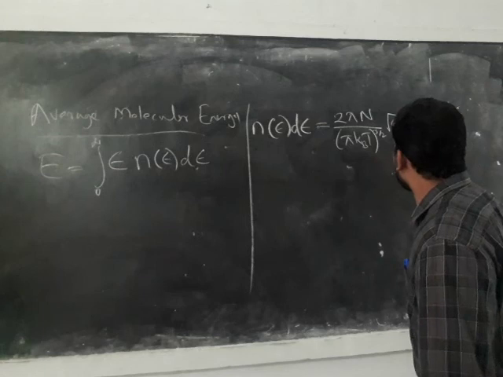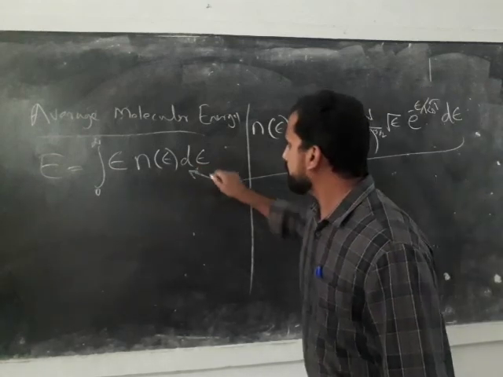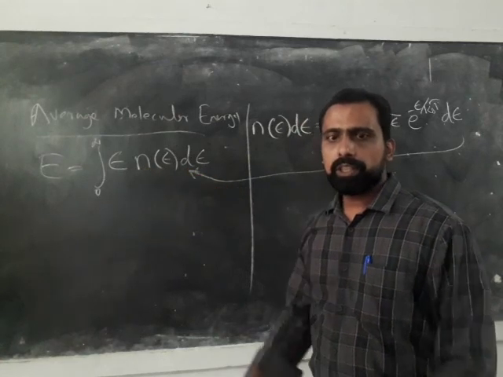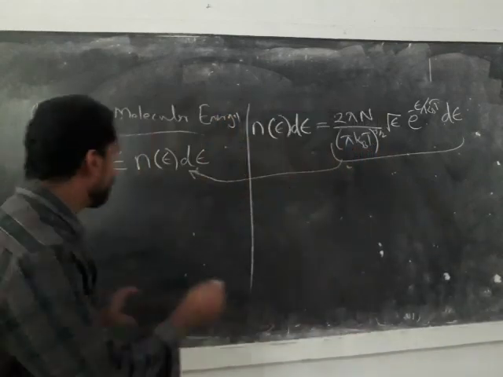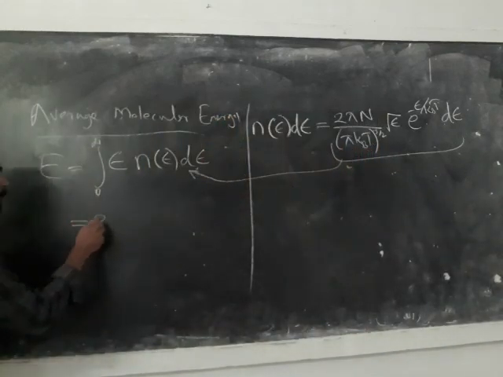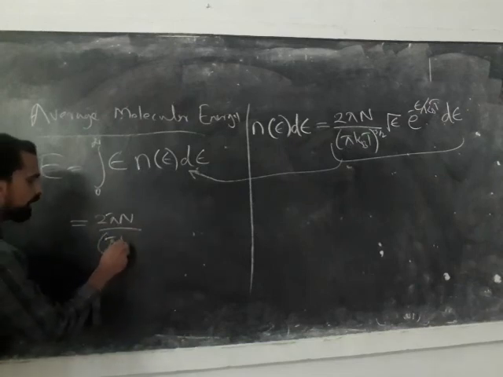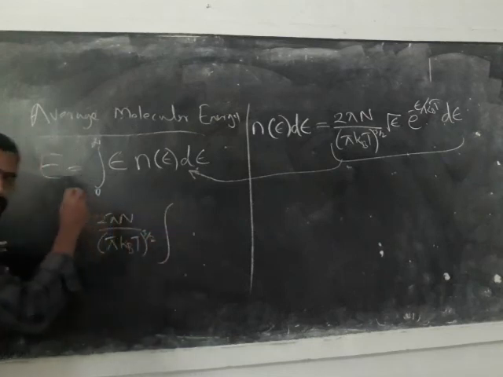Okay, you can substitute the corresponding terms for n of epsilon d epsilon, and I'm not going to repeat it again, so you just rewrite it here. The final form will give you 2 pi n, taking the constants outside, all raised to 3 by 2, integral.